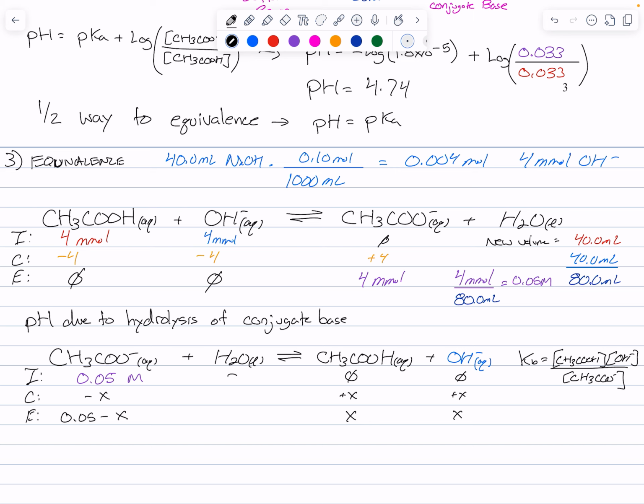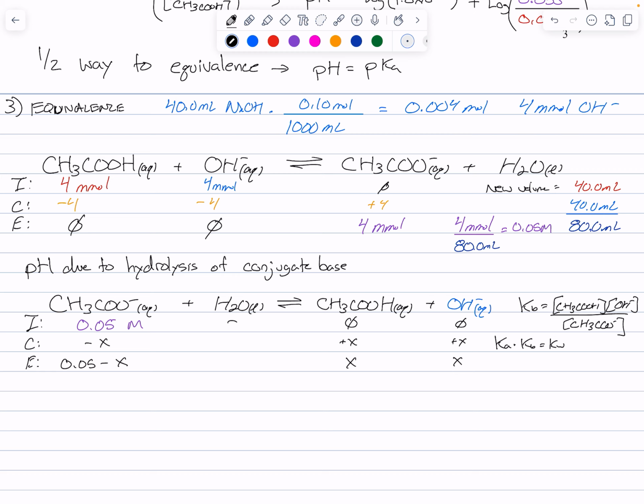Now, how do we get the value of Kb? In this case, it would not be given to you. Let's think about that a second. If you remember, Ka times Kb is Kw. Ka is 1.8 times 10 to the negative 5, Kw is 1 times 10 to the negative 14.